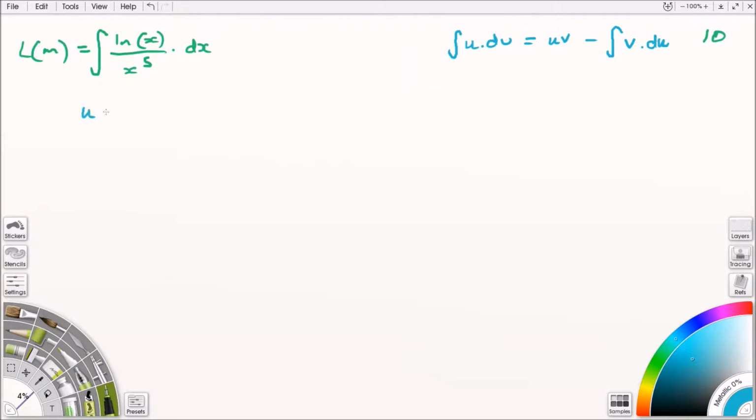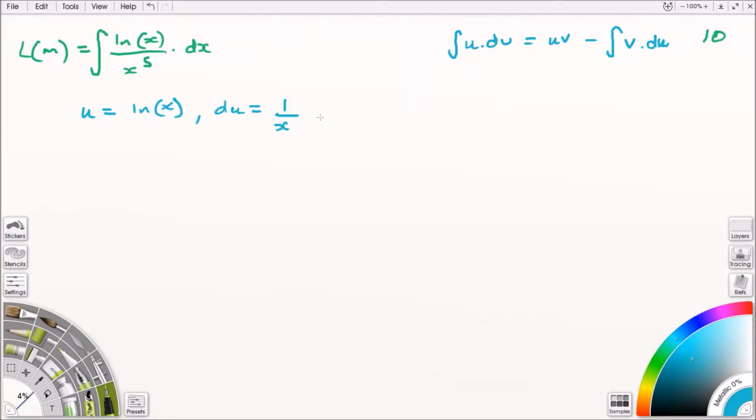But so for u, you've got to think, we're going to be deriving u. So we've got to think which of these two functions is going to be easiest to derive. Now log derives quite nicely, so the derivative of log is literally just 1 over whatever's inside.